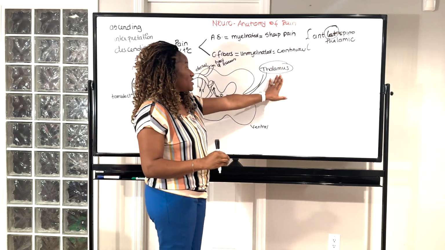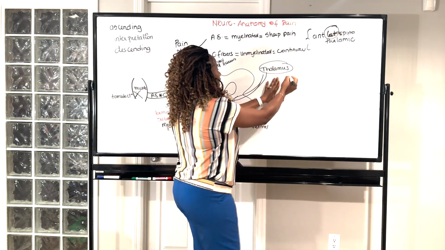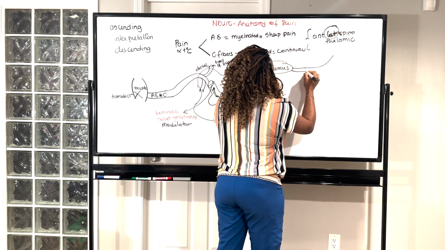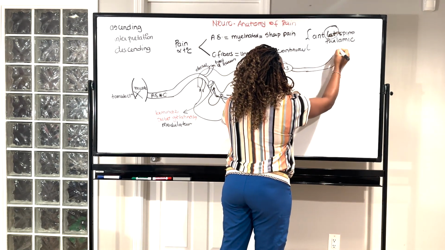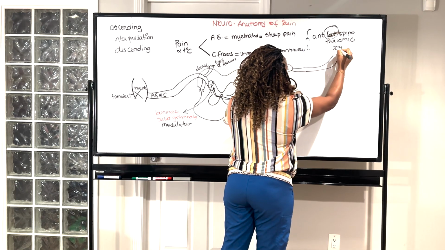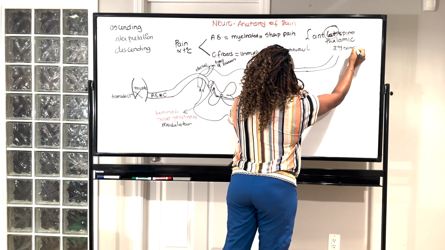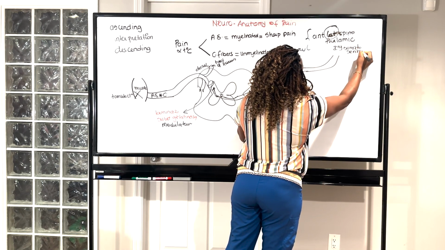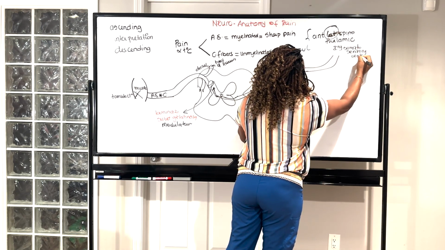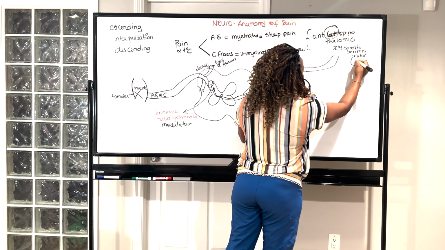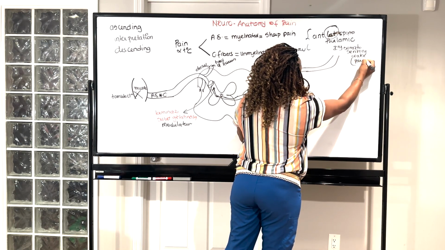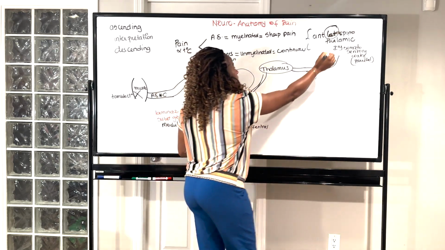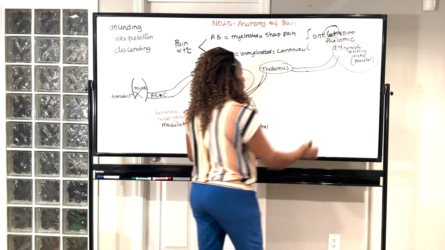When it reaches the thalamus, another neuron is going to transport it into the primary somatosensory cortex, which is also the parietal lobe. So this is going to be our third neuron.